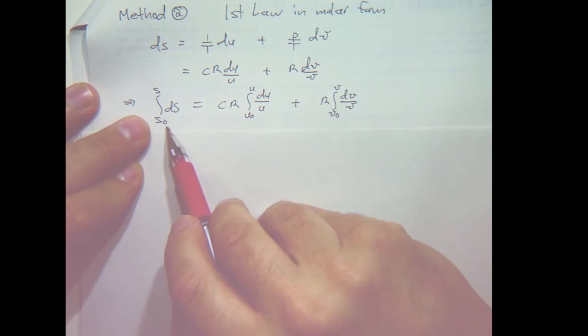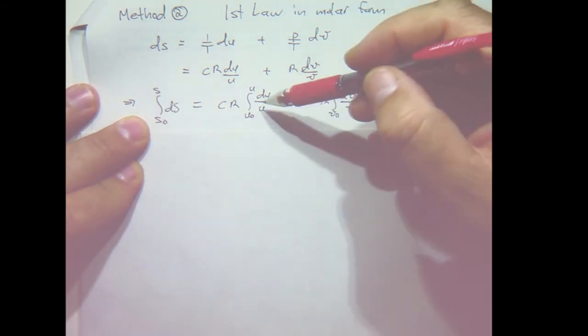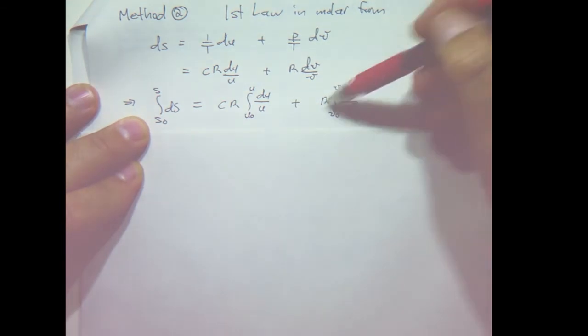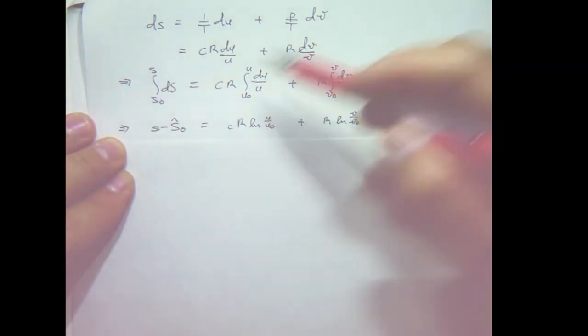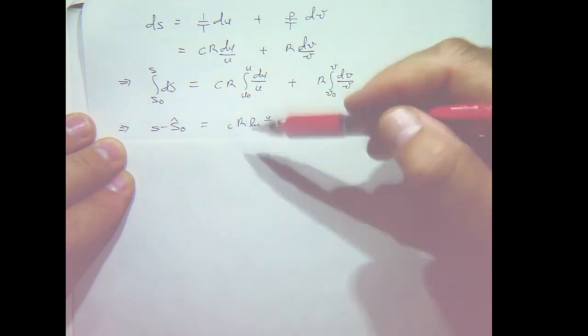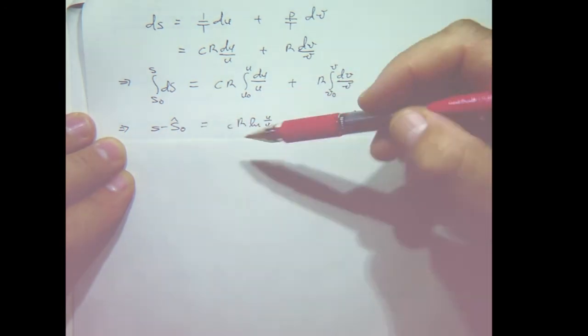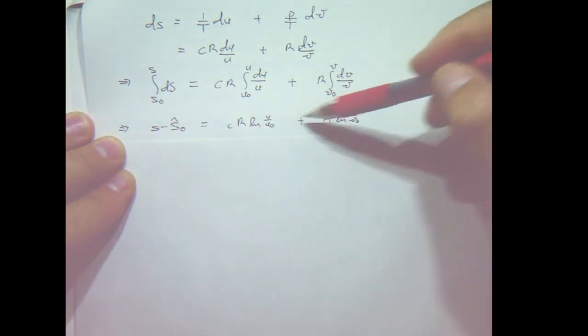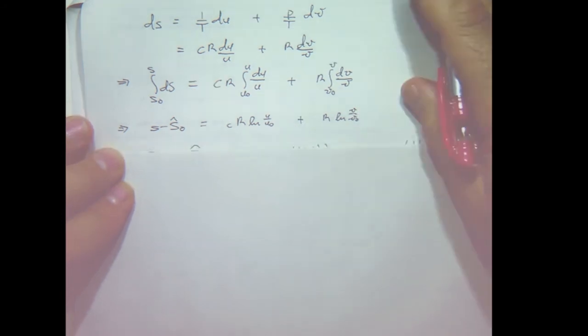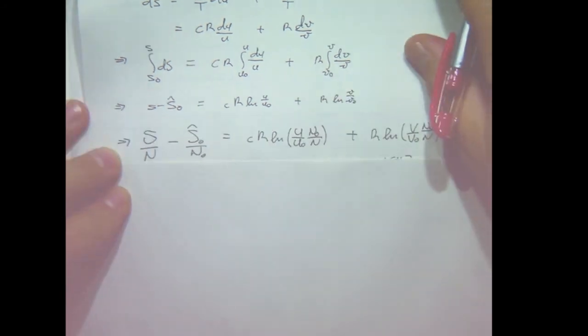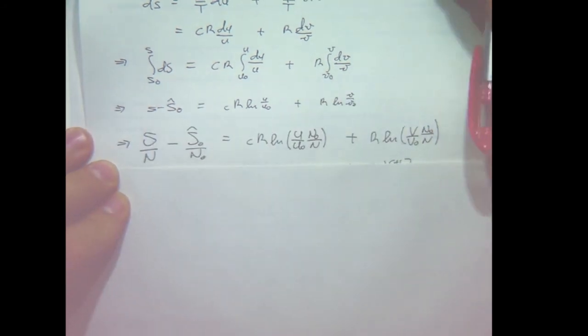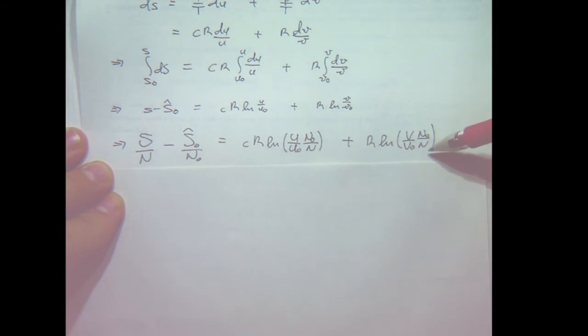Integrate both sides. Now the left-hand side is integrated from a reference entropy S naught to S. The right-hand side exactly as before. And so we have S minus S naught hat, I've got S naught hat here to make it distinguishable from the previous one, equals CR ln U on U naught plus R ln V on V naught. These are all molar quantities. Replace the number of moles into the equations.